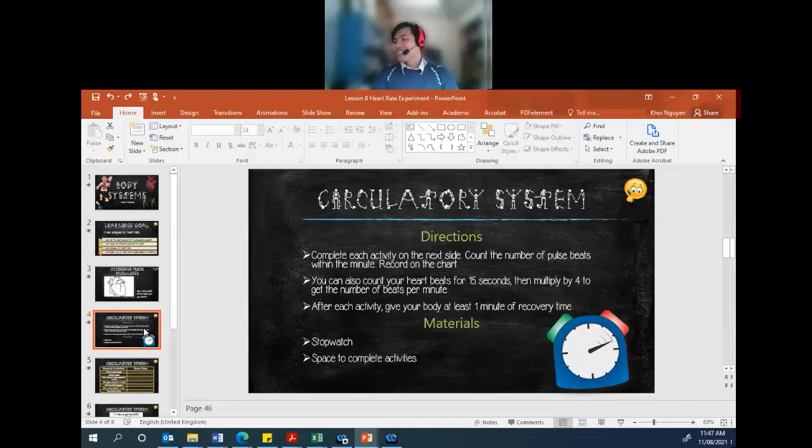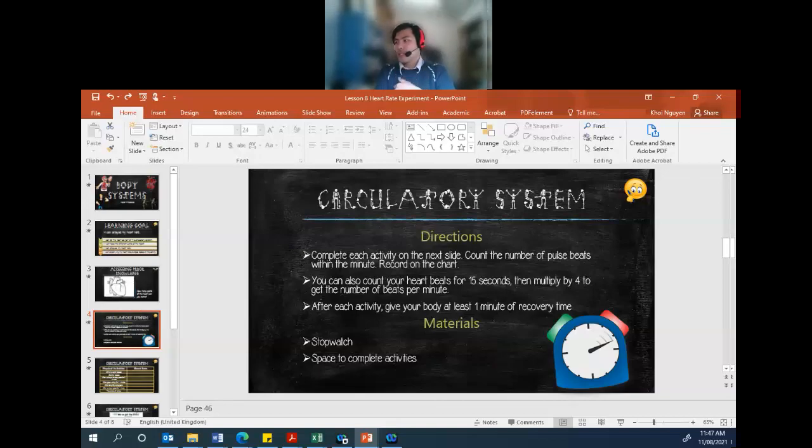As you can see, it is measuring our heart rate. What you're going to do is a few activities, and then you will measure your heart rate for each activity.